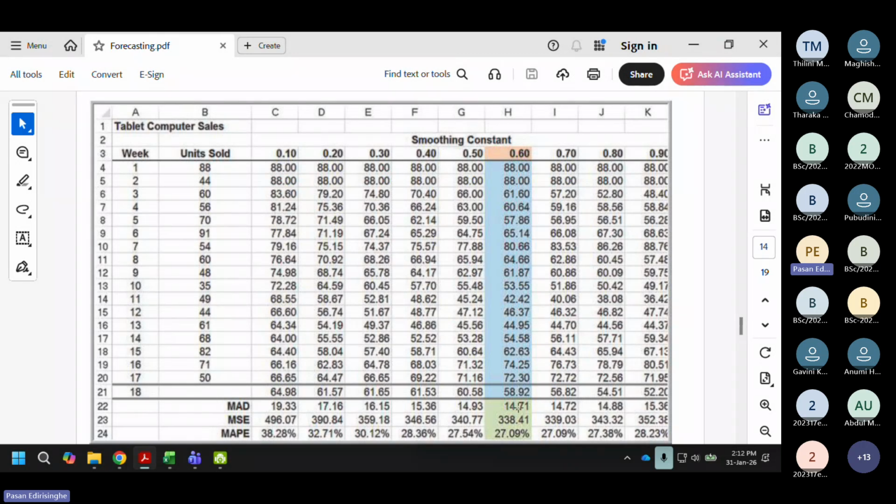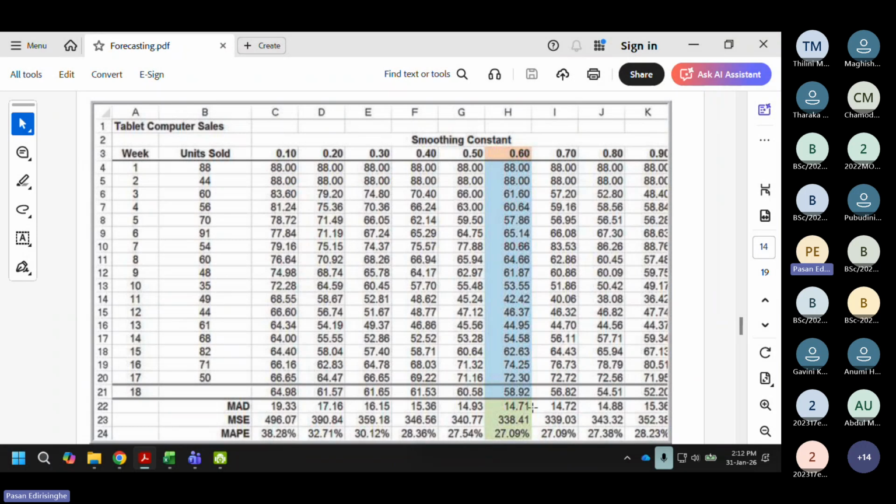So you can notice here for the alpha equal 0.6, that's where you can find the lowest numbers in terms of the predictions. So that's indicating the best alpha value we can have is 0.6.